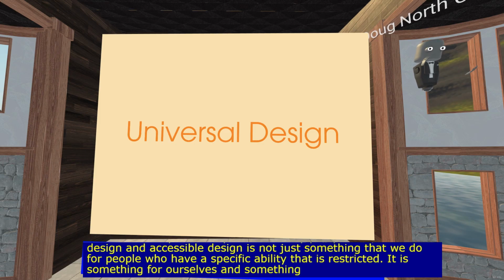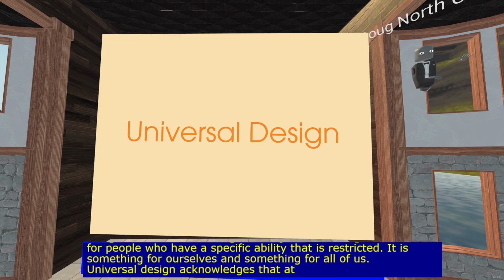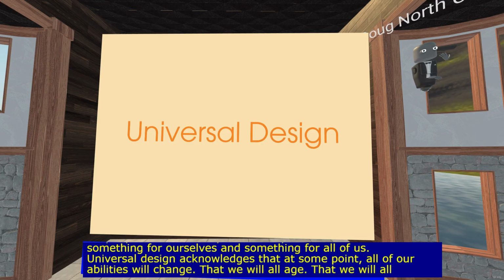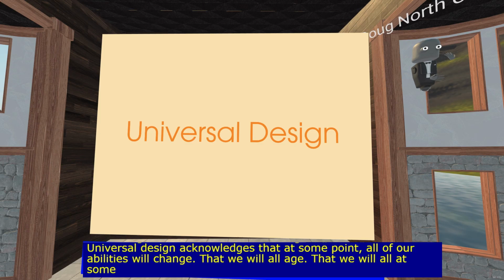And this is where universal design takes a different approach than a lot of other accessibility frameworks, because universal design acknowledges that at some point, all of our abilities will change, that we will all age, that we will all at some point come to have a temporary disability, that we might get in an accident, we might lose our hearing, our vision might change, and that over time we all change.